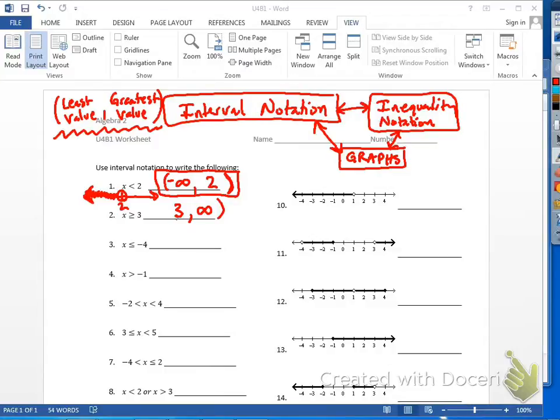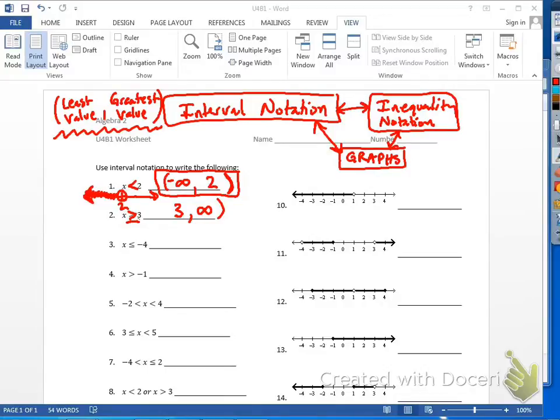But with the number, it depends on the symbol here. In the first one, I had strictly less than, so I used parentheses. But in this case, I've got greater than or equal to. Now the equal to means that x can actually be equal to the number 3. So I want to include 3 in my answers.